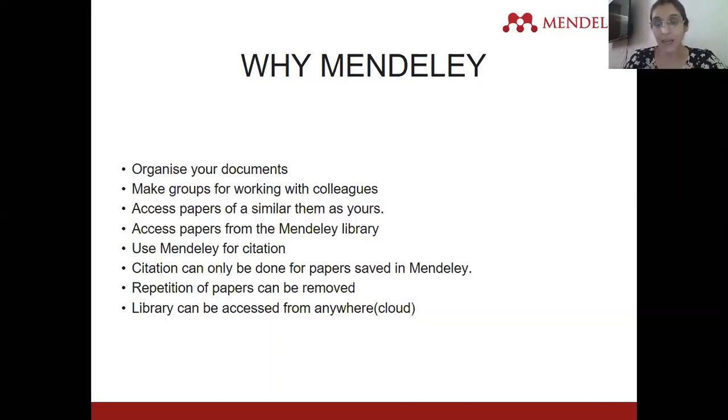Mendeley saves the papers author-wise, alphabetically. So it is very easy to see, oh my God, Brown 2012, and below that again Brown 2012. Then I have to remove one paper. It is easy to view your database vis-a-vis a Google Drive or a drive on the desktop.